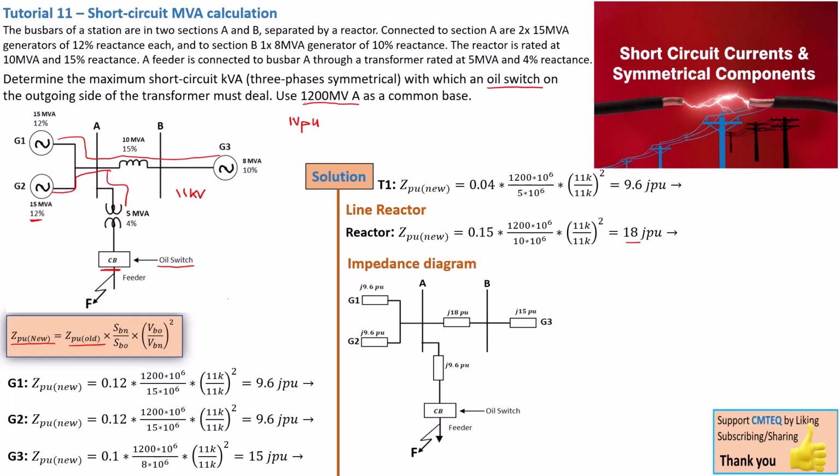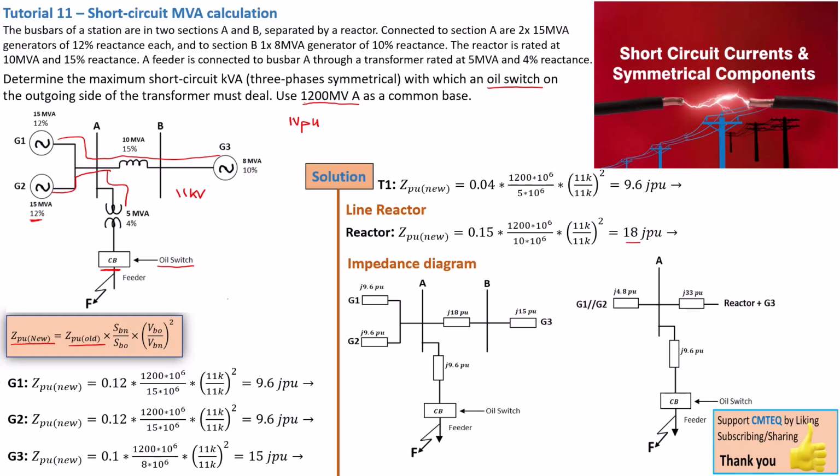So that basically means representing now the generators with the equivalent per unit impedance, the reactor, which is part of our line, generator 3, and lastly the transformer. Now from here, all you have to do is basically reduce your network. You know that these two are in parallel, so you must compute the parallel of these two generators. So the impedance will then be 4.8 j per unit combined, G1 and G2. And now you've got this fault here.